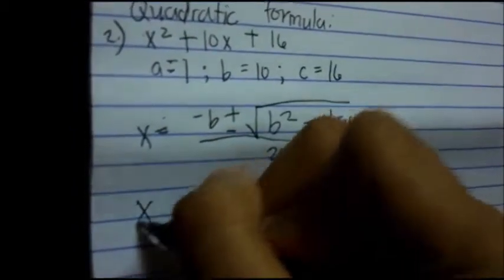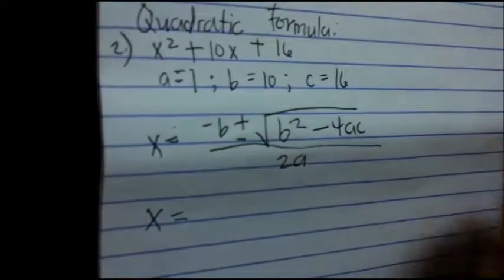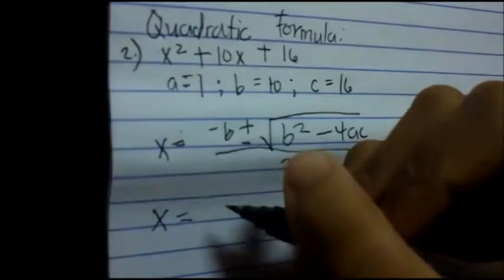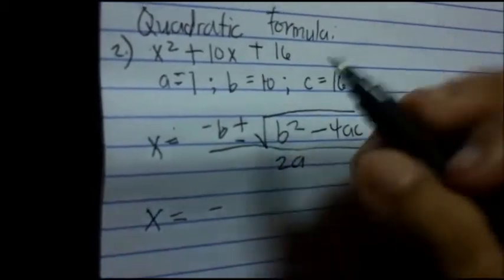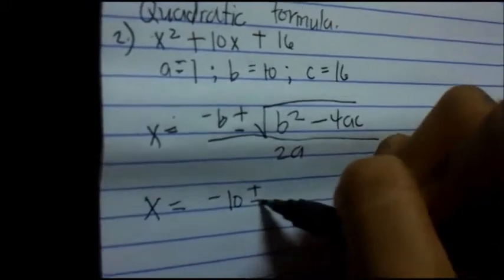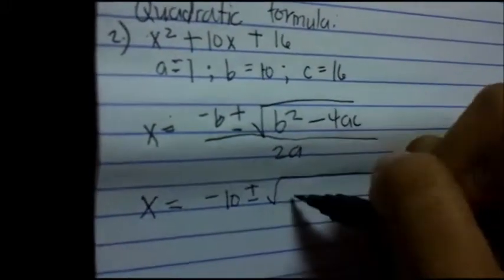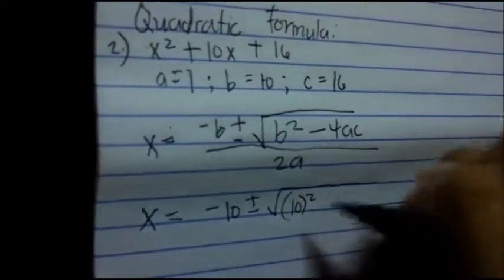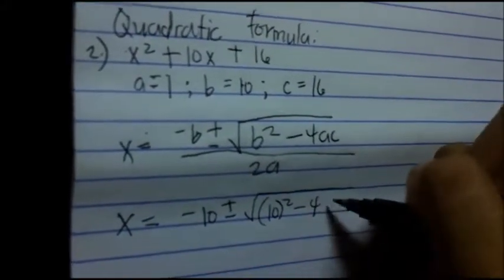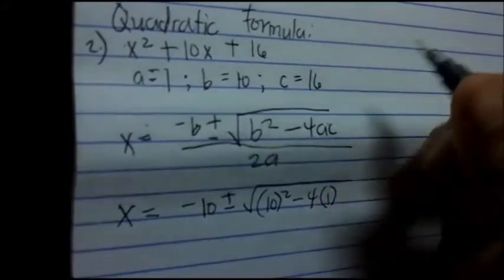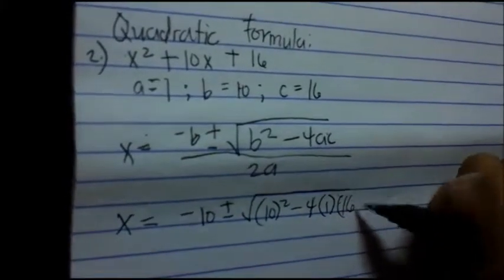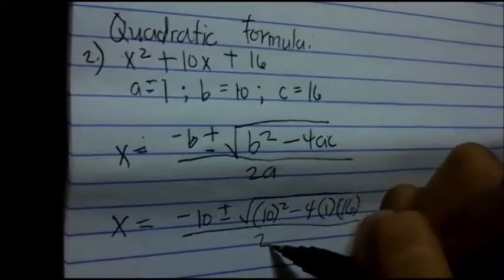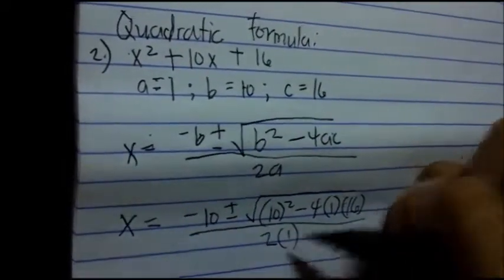So let's substitute. So negative 10 plus or minus the square root of 10 squared minus 4 times 1 times 16, over 2, then a is 1.